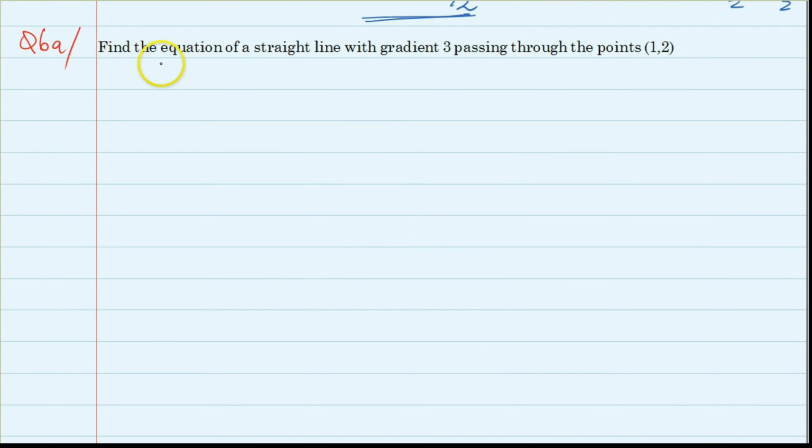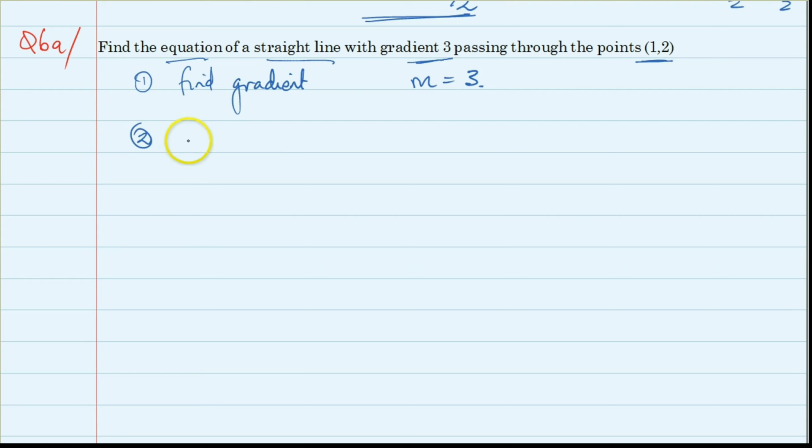Question 6a asks us to find the equation of a straight line with gradient 3 passing through these points. We know there's a three-step process to finding the equation of a straight line. Step number 1 says to find the gradient. In this particular question, that's very simple because we've been given the gradient, so we know the gradient is 3.